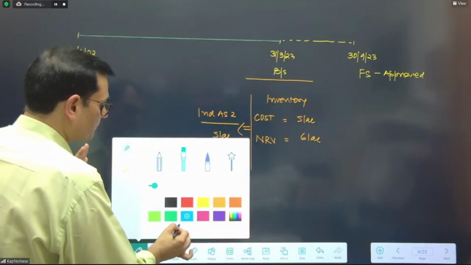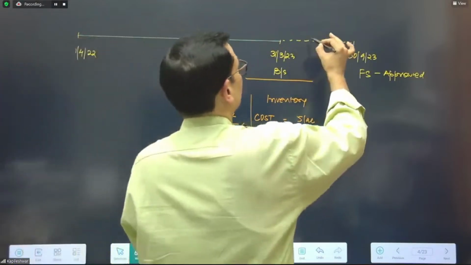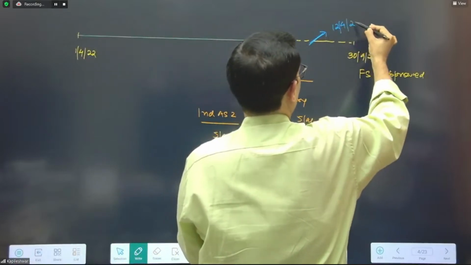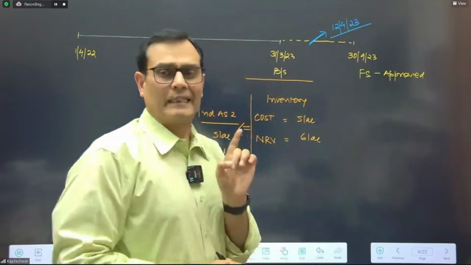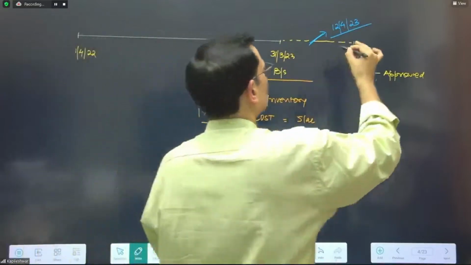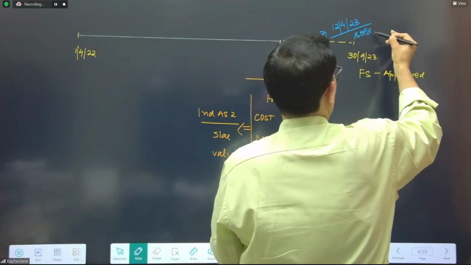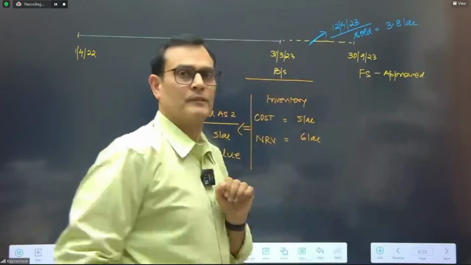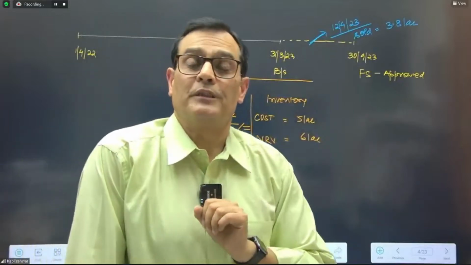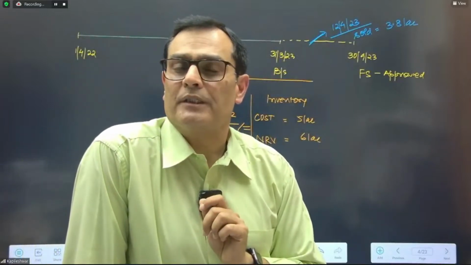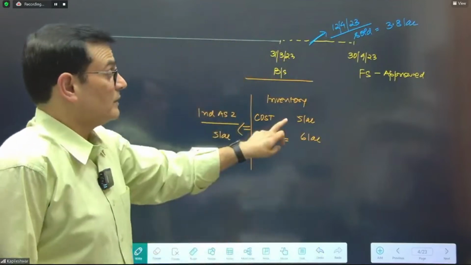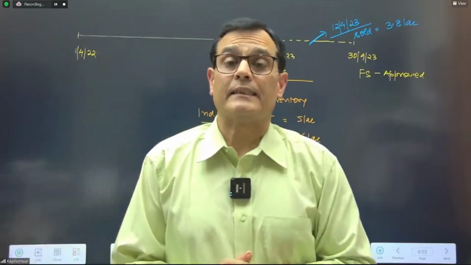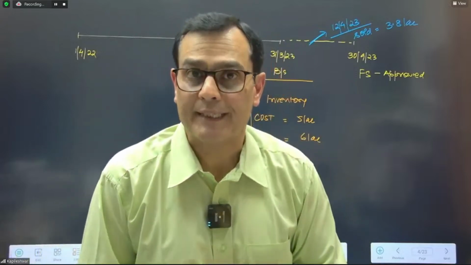Let us say post balance sheet date, on 12th April 23, this entire inventory is sold, let us say at 3.8 lakh, whereas the cost is 5 lakh rupees. It is sold below cost price, that means at a loss of 1.2 lakh.